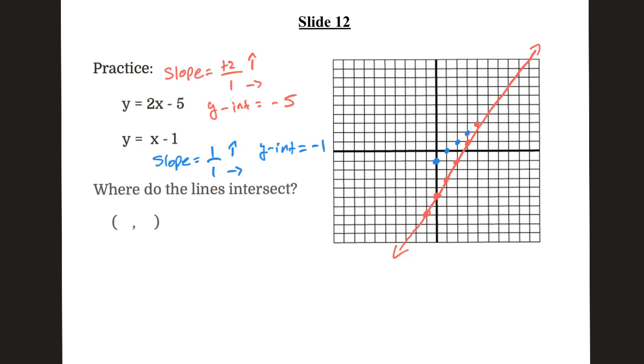You see how important it is to use a straight edge. That point right there is our intersection point, and that is 1, 2, 3, 4, up 1, 2, 3. So it's the point (4, 3).